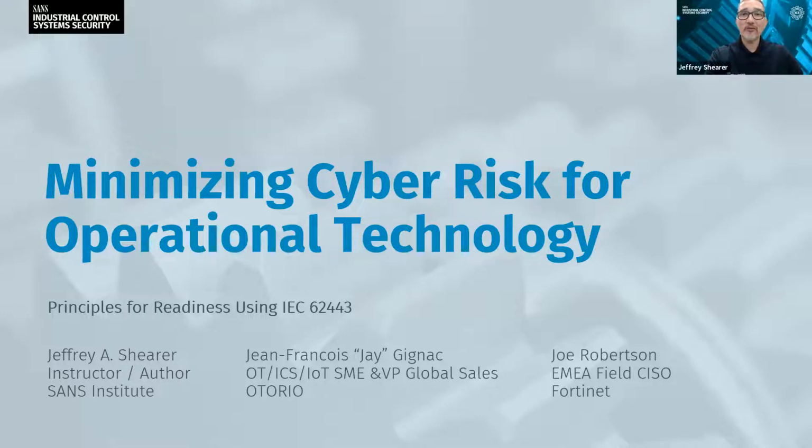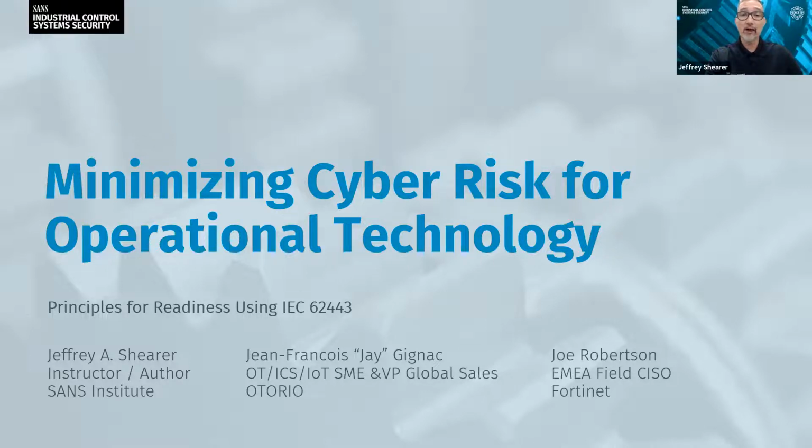Hello, and welcome to the SANS Institute Industrial Control System Security webcast. My name is Jeff Shearer. I am a SANS Institute instructor and a co-author of the ICS 612 Cybersecurity In-Depth course. I'm a 37-year veteran, it's hard to say that, of architecting, implementing, and securing ICS systems.